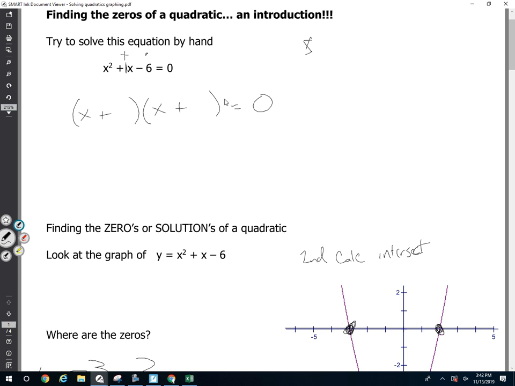What are they? What are the two numbers we're looking for? 3 and negative 2.